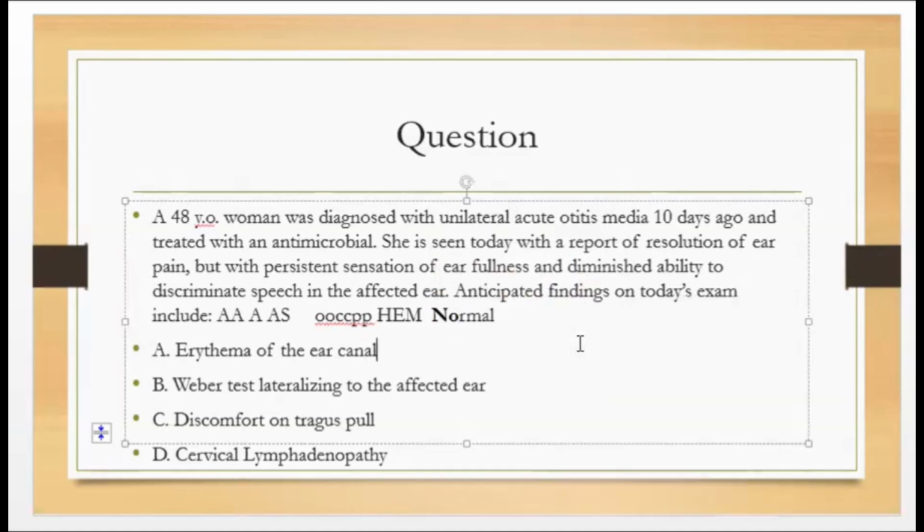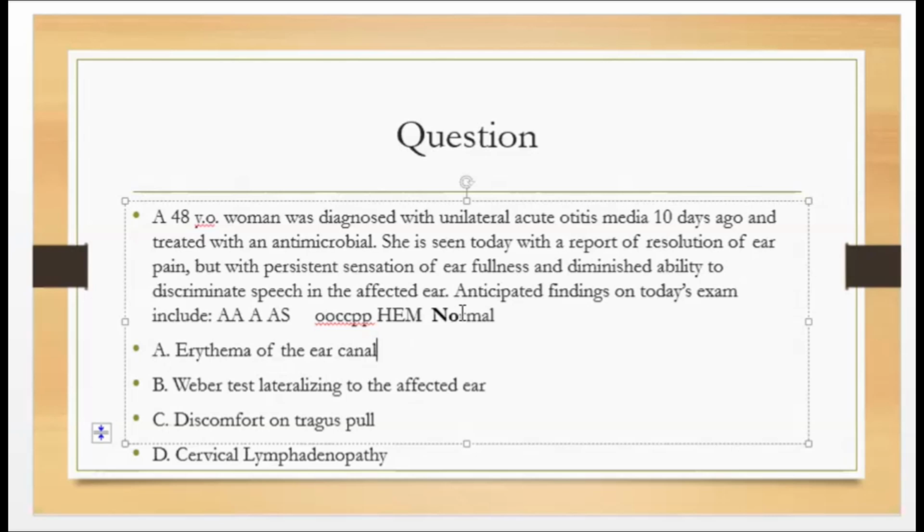But when it becomes abnormal, which is the sample of this question we're talking about, it lateralizes to where? To the affected ear. So the exam can ask you, under normal circumstances, what happens to the Weber test?